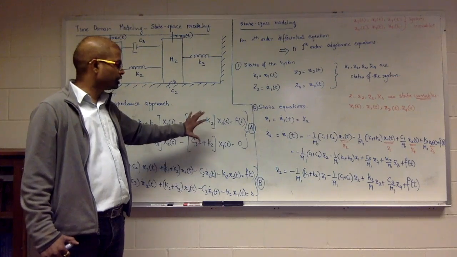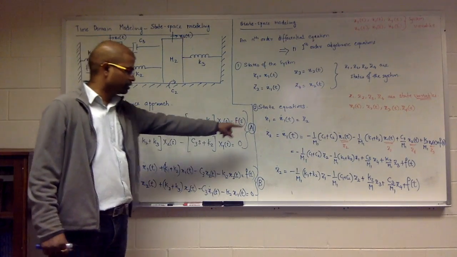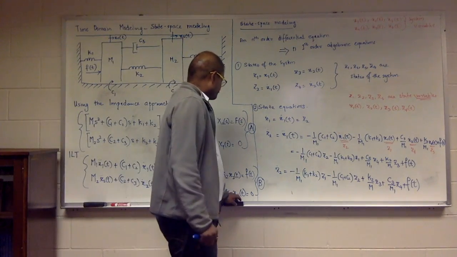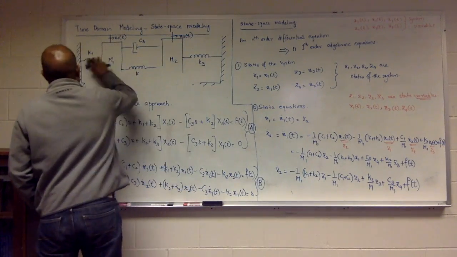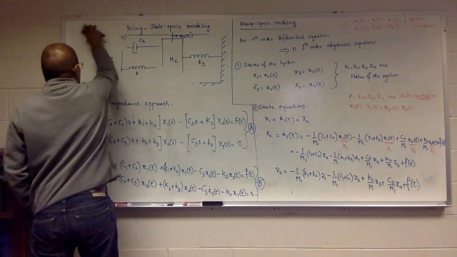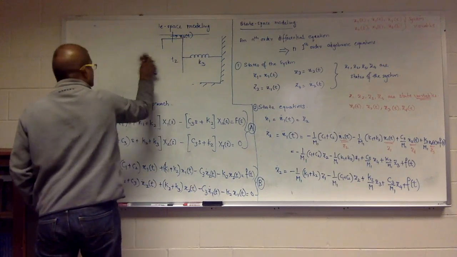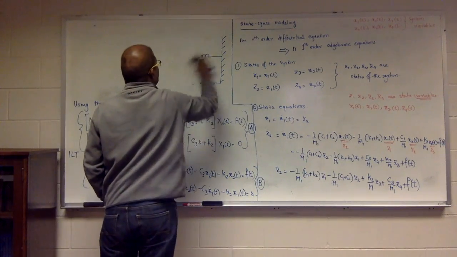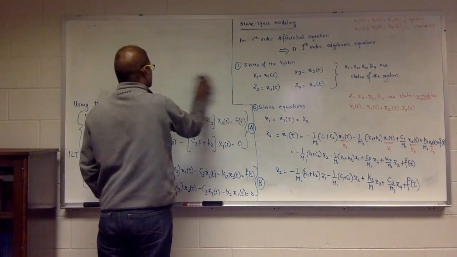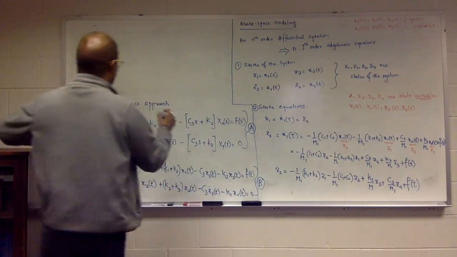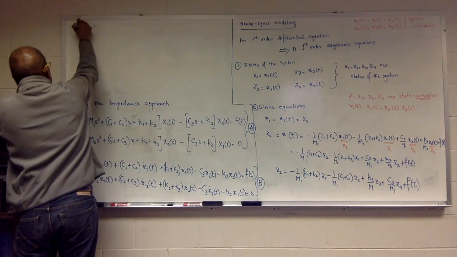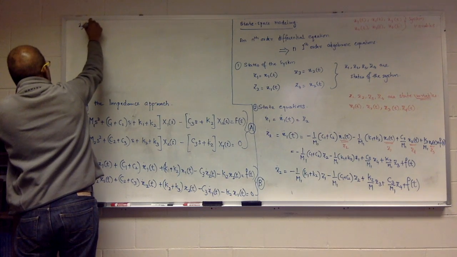All right. So here, what you're looking at is still not complete. Let me try to complete that. So my Z3, what would Z3 dot be? Z4.